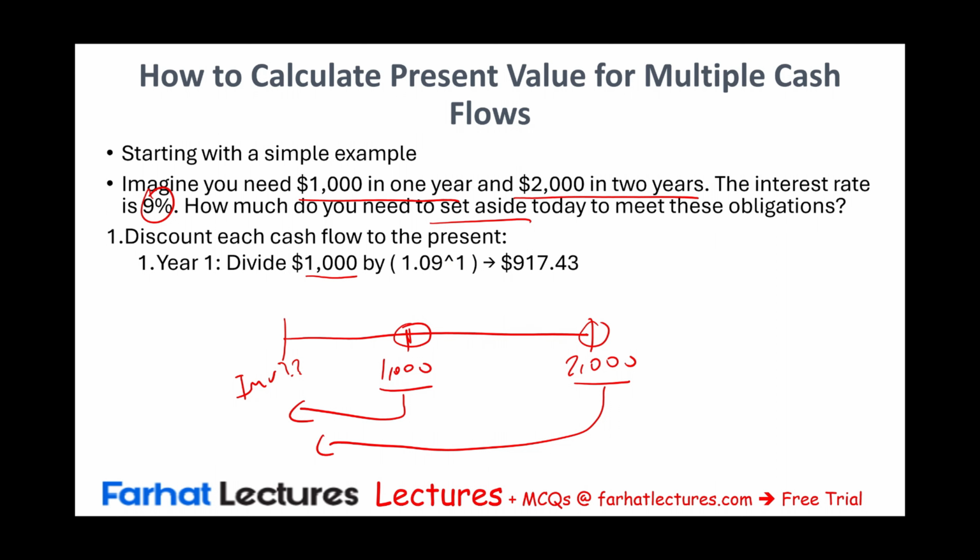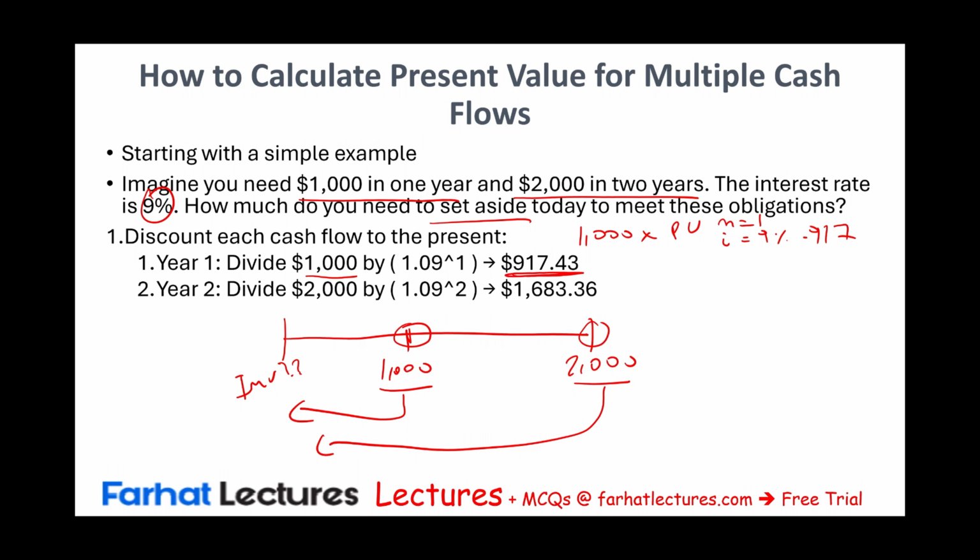You will take $1,000 times the present value factor, n equal to 1, i equal to 9%, which we will see in a moment, and I can tell you it's 0.917, that's the factor. But also you can divide 1,000 by, using the formula, 1.09 raised to the 1st power.